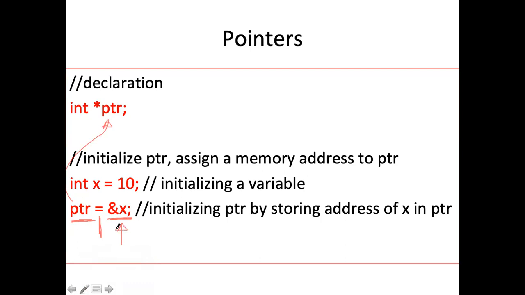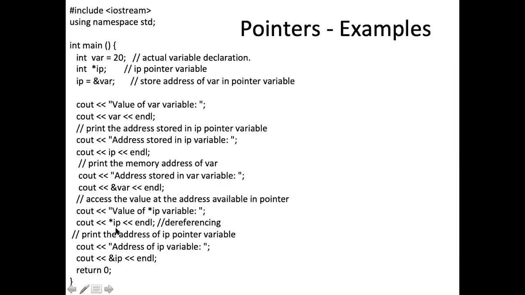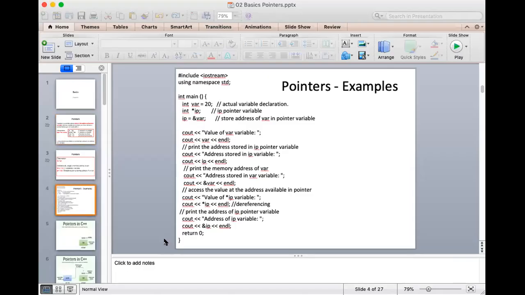So the address of this variable x is stored in this pointer. And now if you want to access this variable, if you want to use this variable anywhere in your program, instead of using x, you can use the pointer variable in order to access this particular variable.